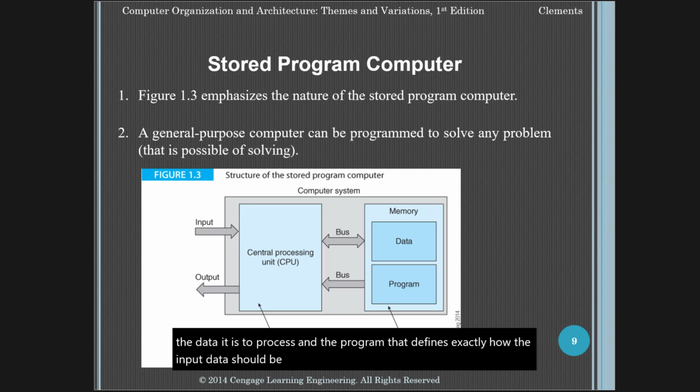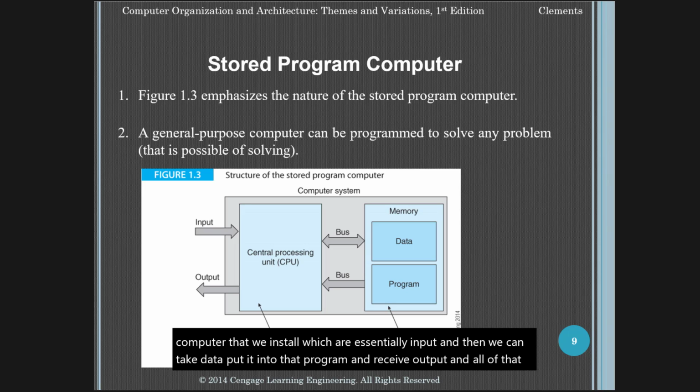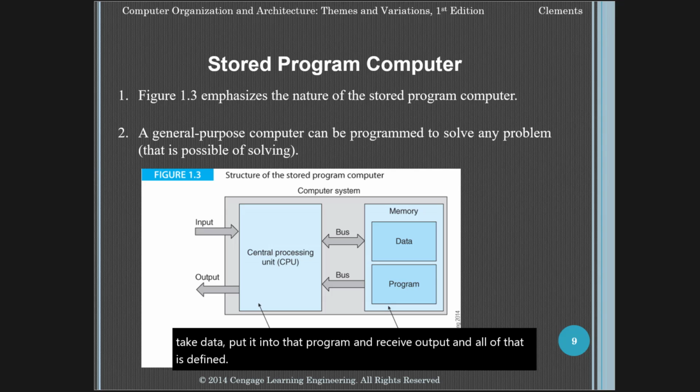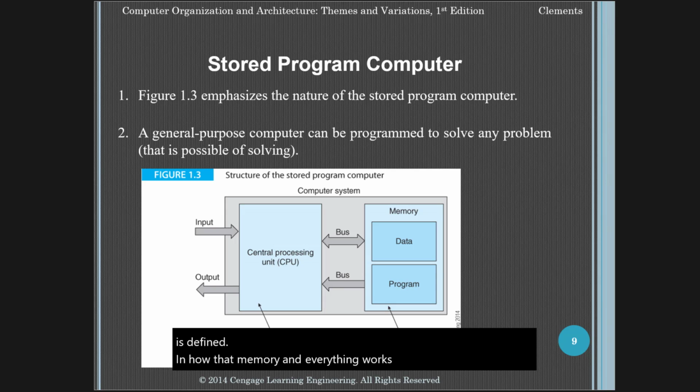The microprocessor chip itself has an instruction set that explains how to work with data. Programmers then write programs that we install on that computer, which are essentially input, and then we can take data, put it into that program, and receive output, and all of that is defined in how that memory and everything works together through those buses.